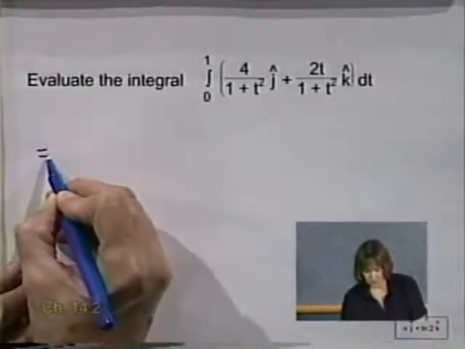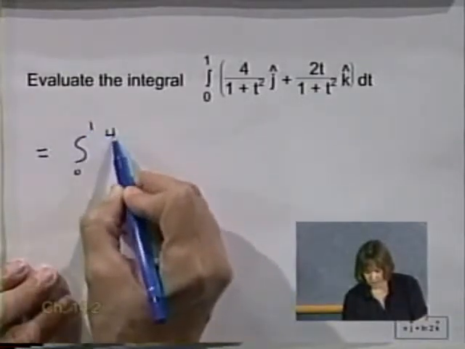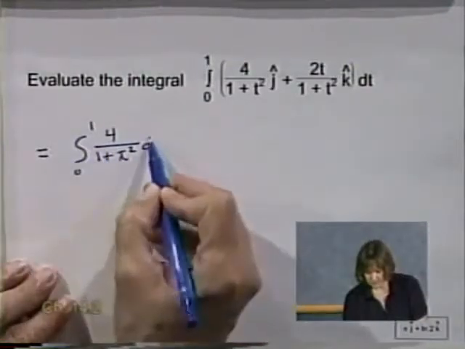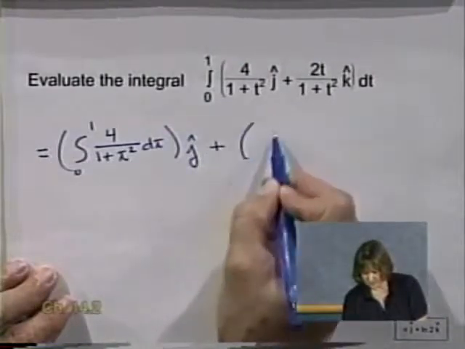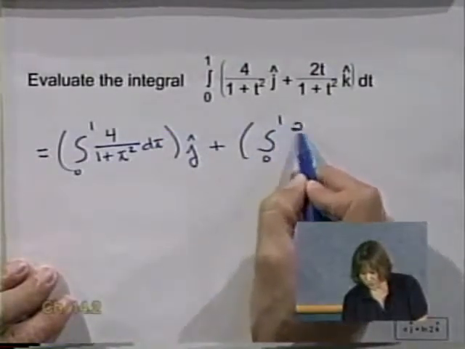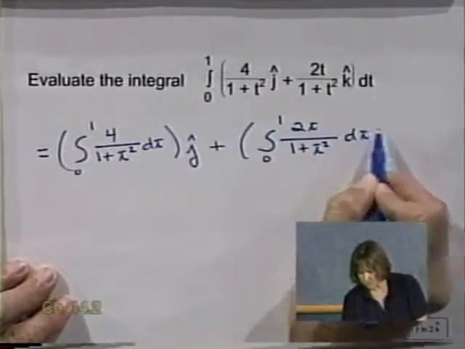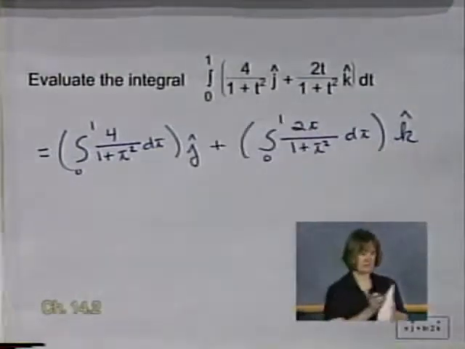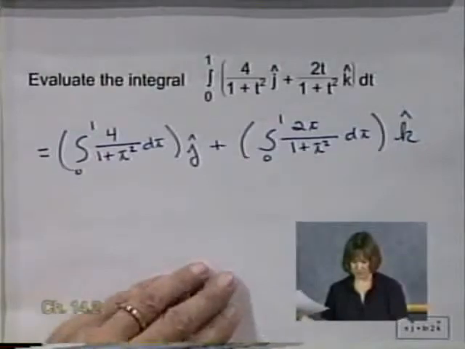And as we know from our definition, this is equal to the integral from 0 to 1 of 4 over 1 plus t squared dt times j plus the integral from 0 to 1 of 2t over 1 plus t squared dt times k.